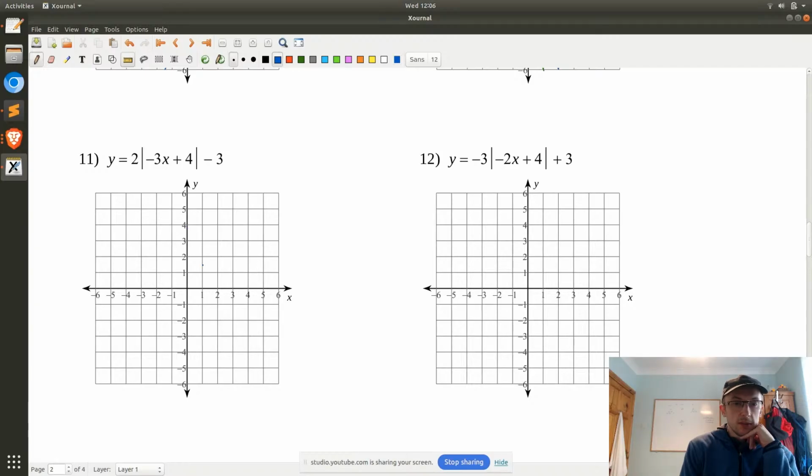Minus 3x plus 4. And then the absolute value of that.